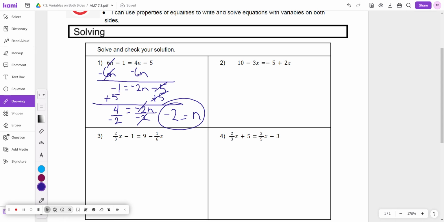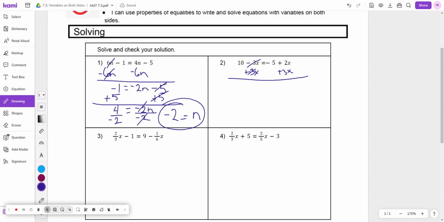The negative number is smaller than the positive number, so that's the one I'm going to move. So what do I need to add to negative 3x to get 0? Well, positive 3x. So I'm going to add positive 3x to both sides, but whatever I do to one side, of course, I have to do to the other side.